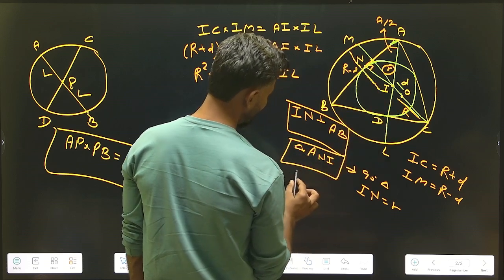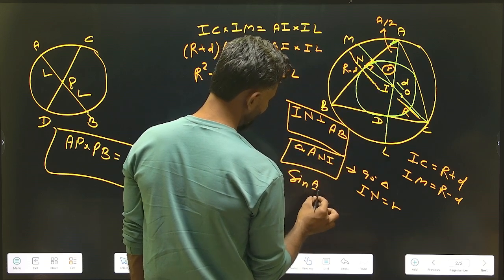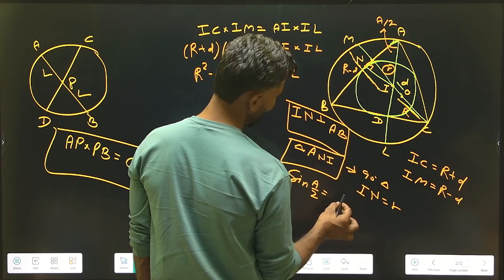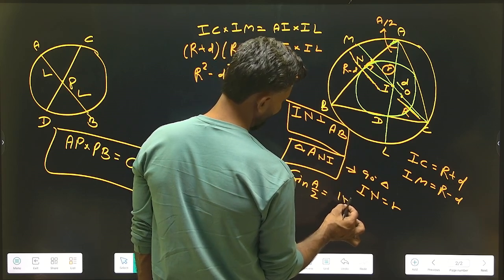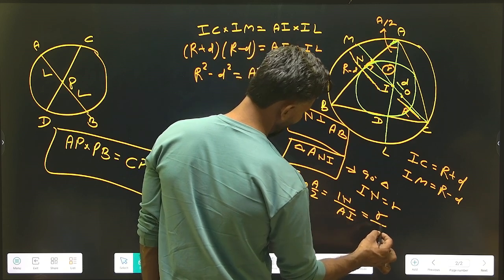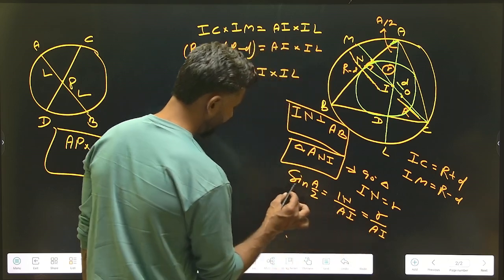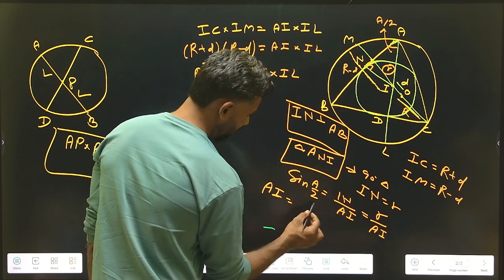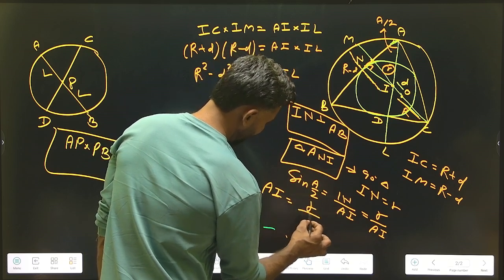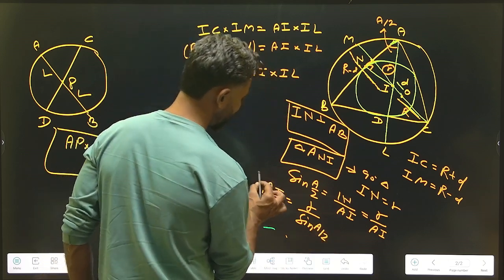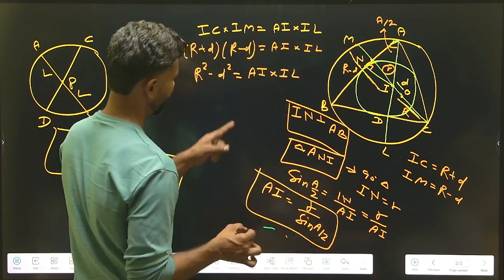So I can say sine A upon 2 will be equal to IN upon AI, and IN is equal to R, so AI will be equal to R upon sine A by 2. So this is the result for AI. We will place it right here.